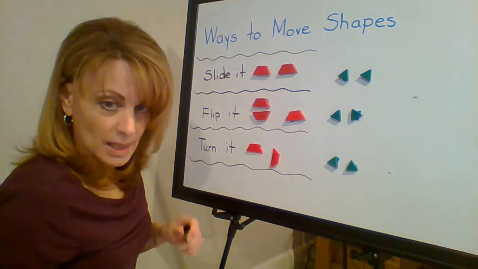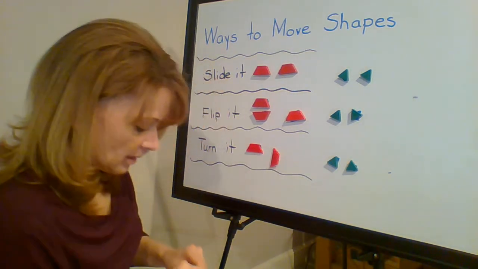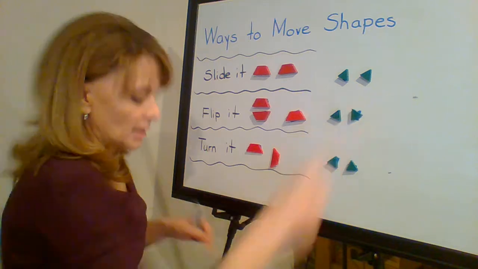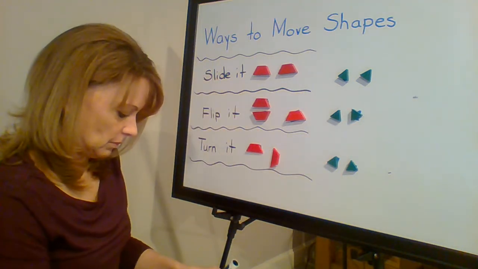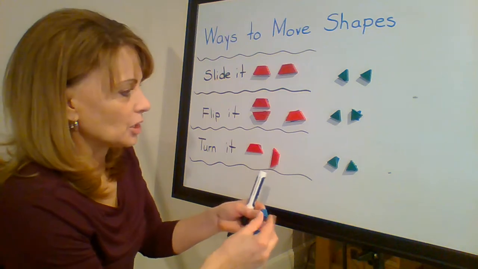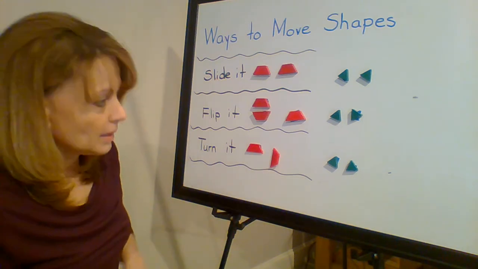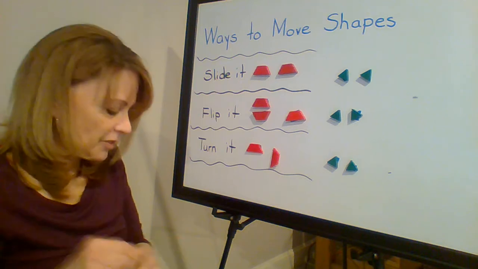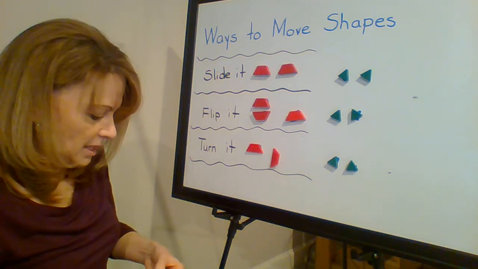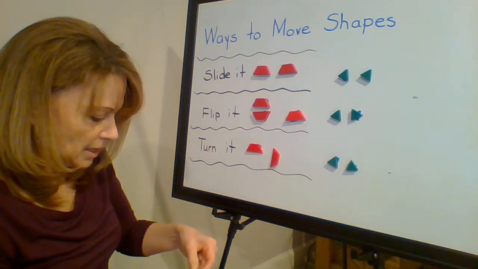The next one is a little more difficult because it is using the blue, which is a rhombus. And they're more difficult to flip, slide, and turn, but we will do the best we can.